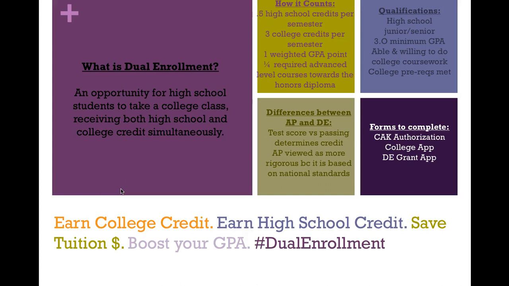If a student is trying to decide between an AP and a dual enrollment course, it's important that they know that AP is generally perceived as the more rigorous option. This is because advanced placement classes are based upon national standards, while dual enrollment courses are based upon state and local standards, which may vary by institution.